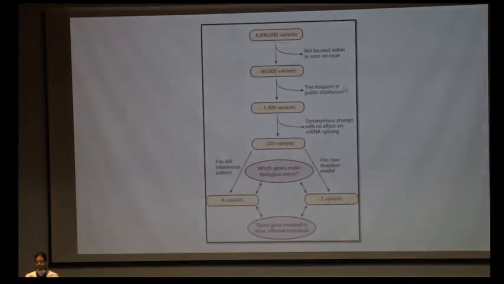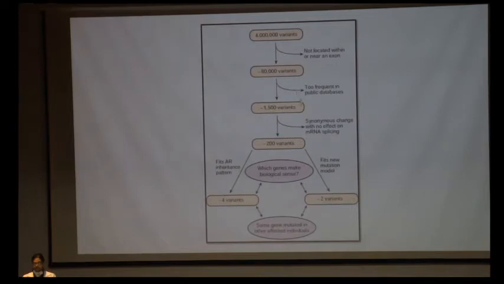Normally when we do a whole genome analysis for anyone, we'll get around 4 million variants. If you do an exome analysis, you'll get between 50 to 80,000 variants, depending on how you've designed your exon capture. So this is a large number of variants, and now we have to filter them down to find one or two causative variants.